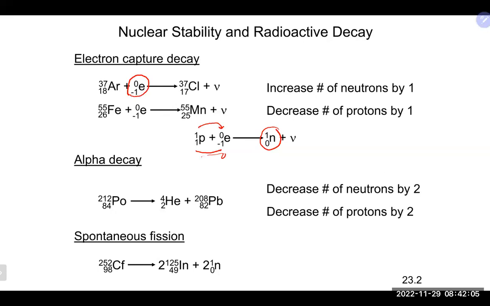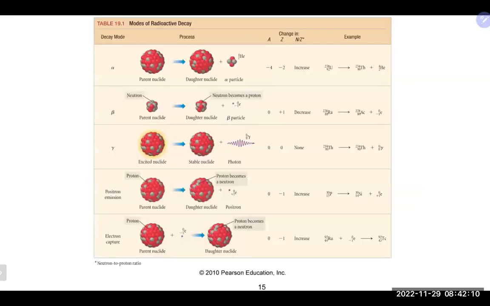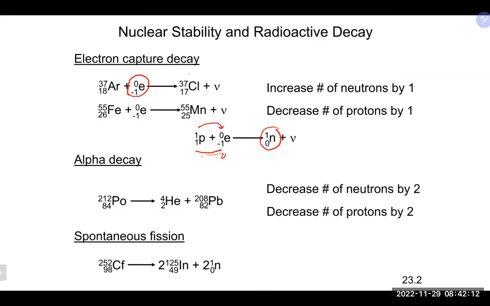So overall here, we do see that the mass number overall will not change. And in this case, we will see that the atomic number does change. Atomic number changes because we do lose a proton, but by gaining that neutron back, it balances out the mass number up on top. So again, overall, it doesn't change.